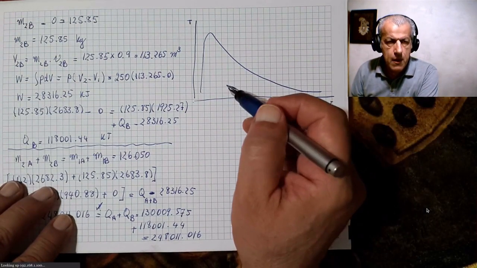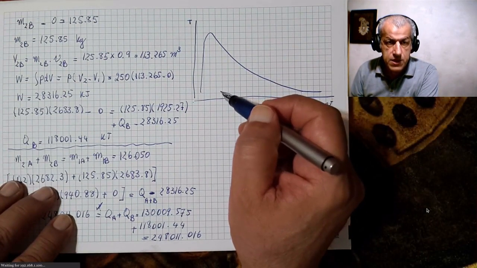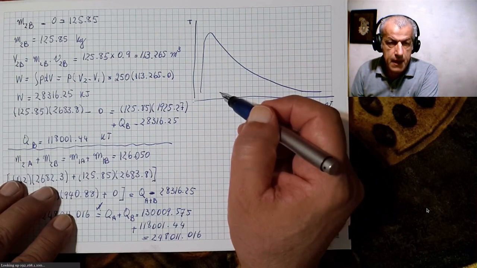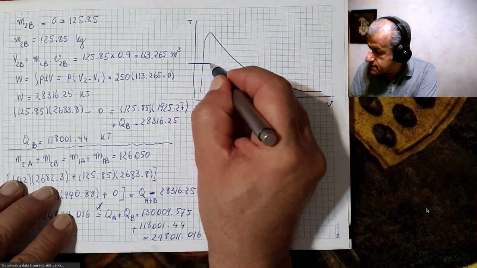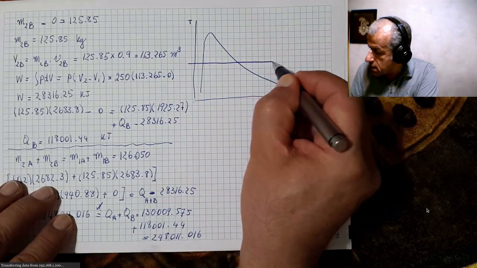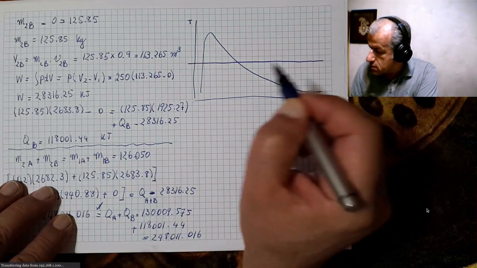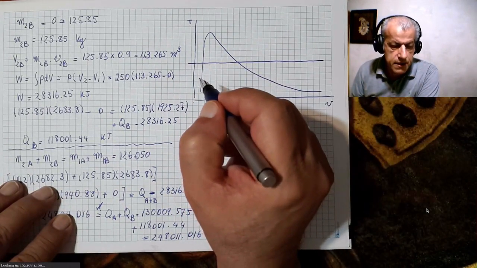Well, the key element in this diagram would be the 220 degrees T line, where all processes at least are to keep on this line.